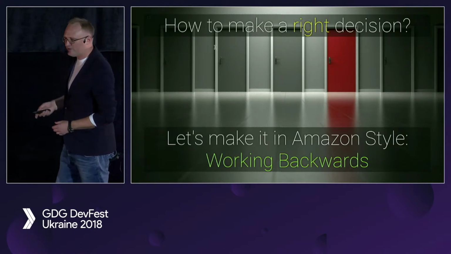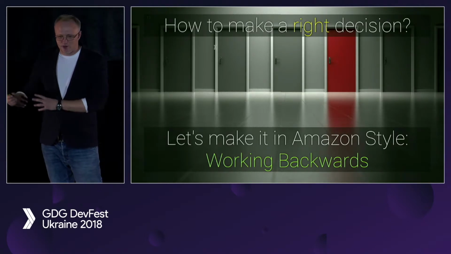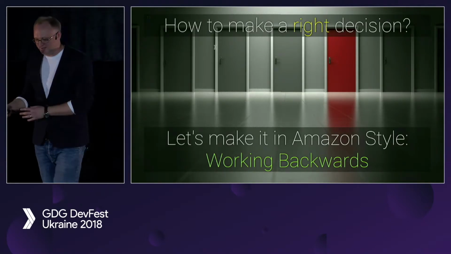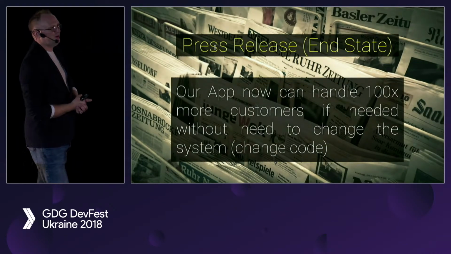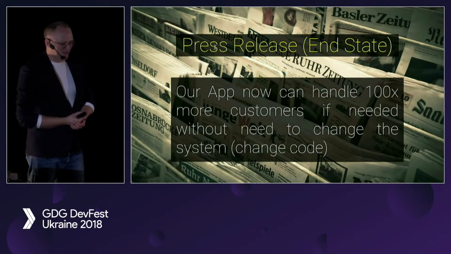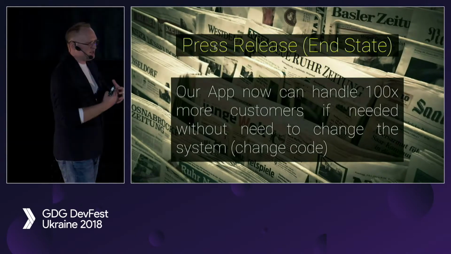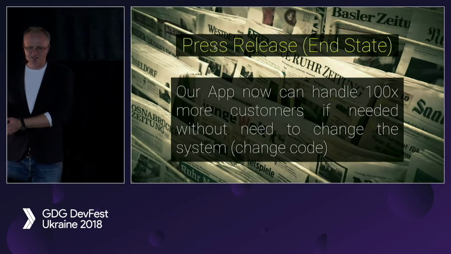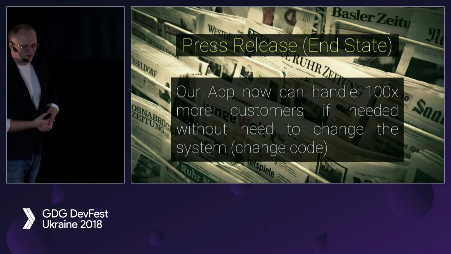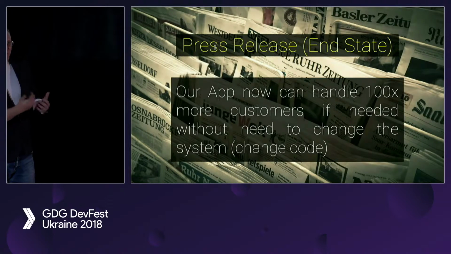So you first imagine that your application or your decision is already made, and when it is made, normally it starts with a press release, where you already imagine that you made it. Now you should tell your customers or users or developers, no matter what you call them, what you have done, what you achieved.